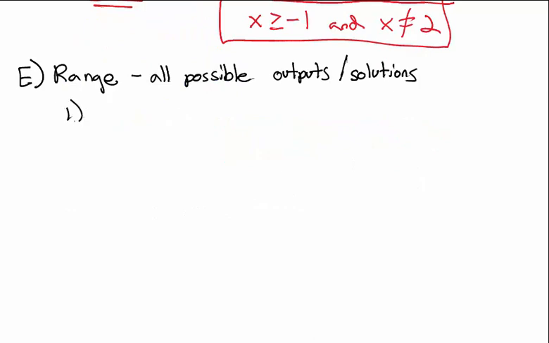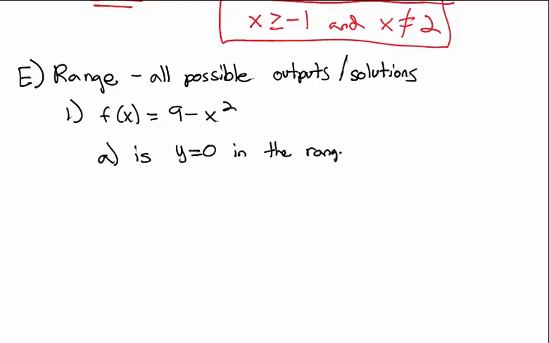So if we had the function f of x equals 9 minus x squared, we could be interested in the question, is y equals 0 in the range? And when we're talking about range, that means we're going to plug the 0 in for the f of x. In other words, we're saying 0 is equal to 9 minus x squared.